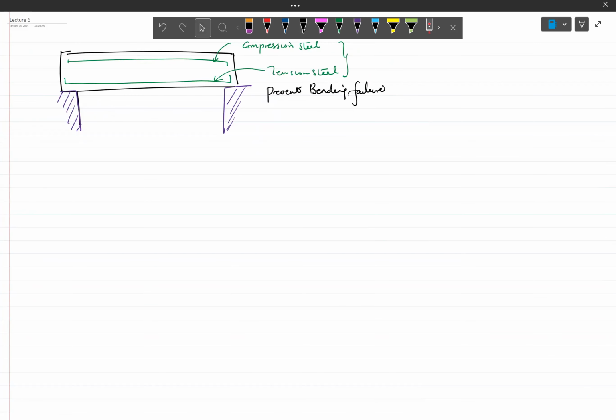But tensile failure or bending failure is not the only kind of failure that a beam can experience, right?